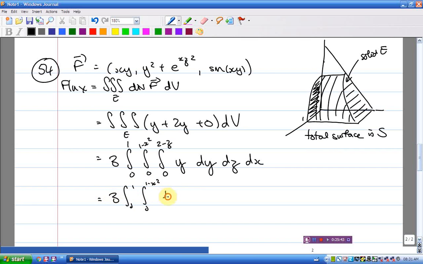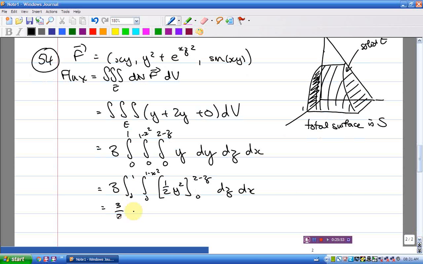It'll be a half y squared from 0 to 2 minus z. I'm going to take the half out. Actually, I am going to leave it as 2 minus z squared. I'm not actually going to multiply it out. I can, there's no harm in that.